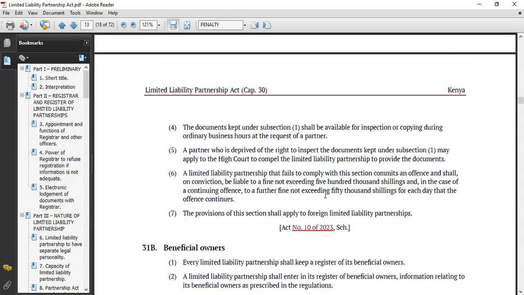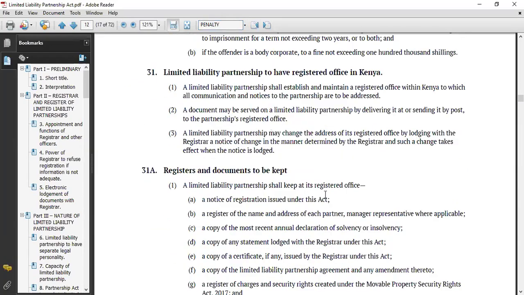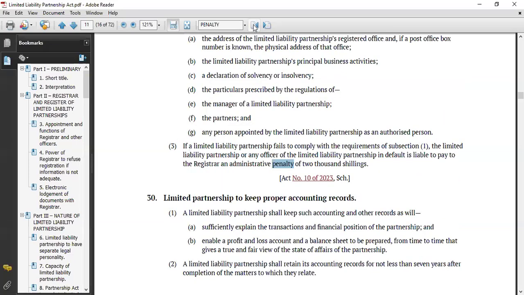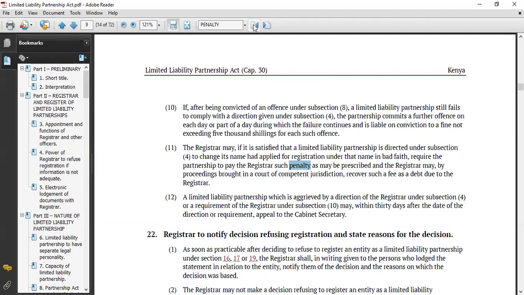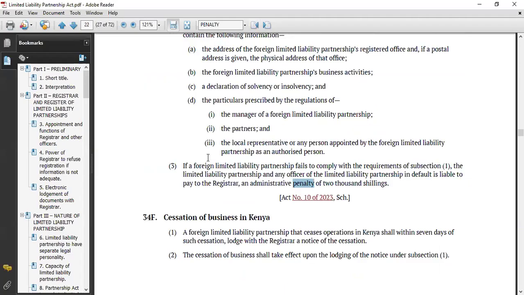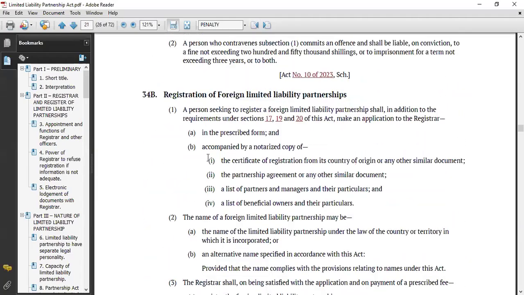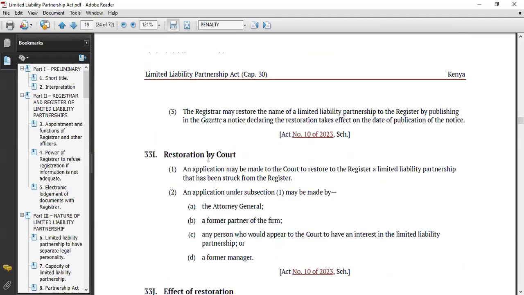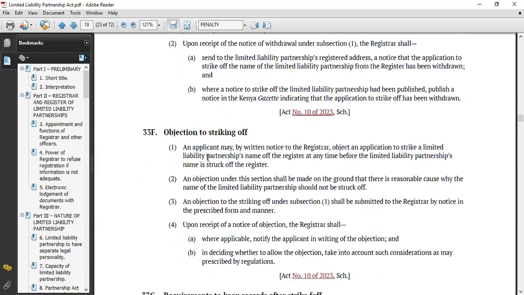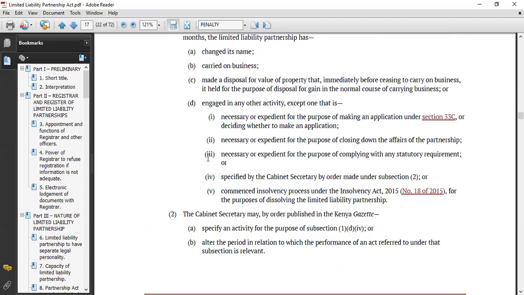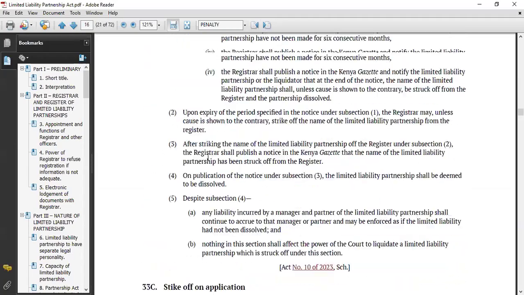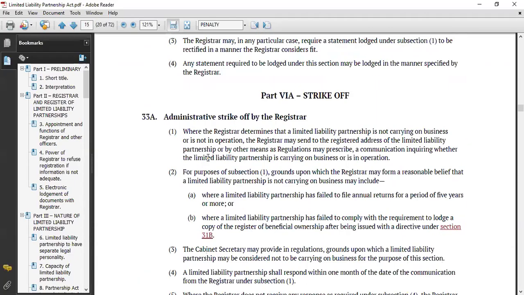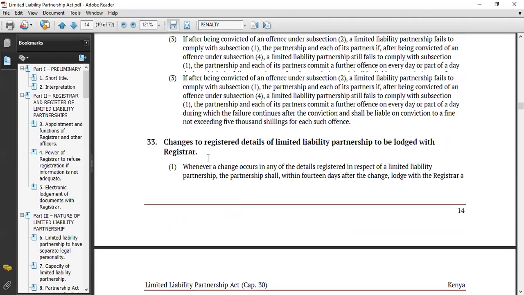I can't see it. You can't see? You have downloaded it, that's correct. The one that I have is revised edition 2023.